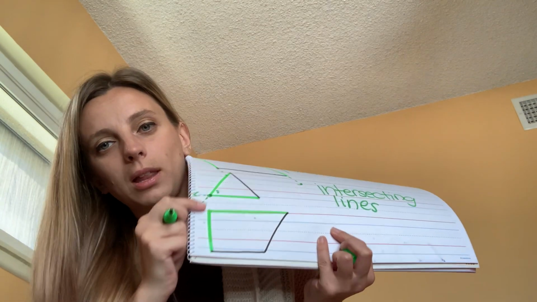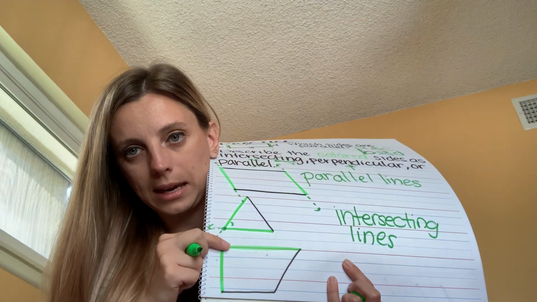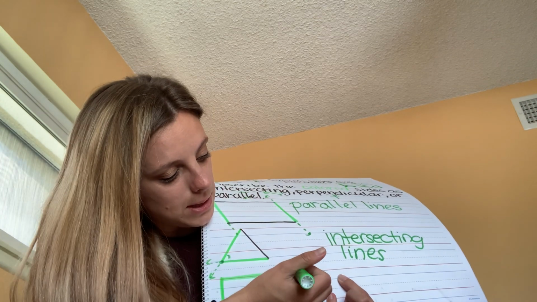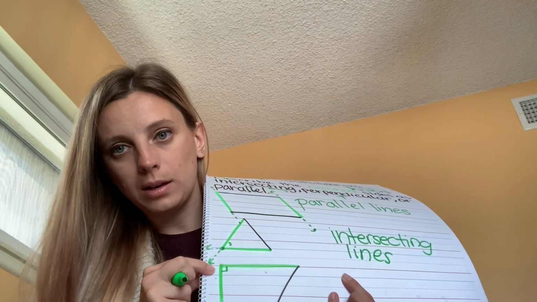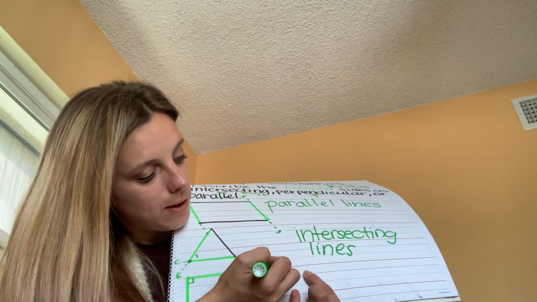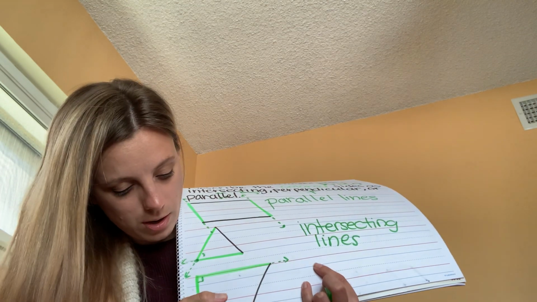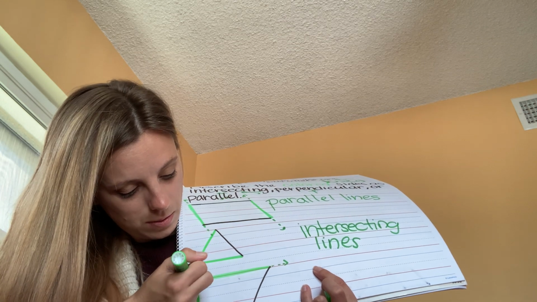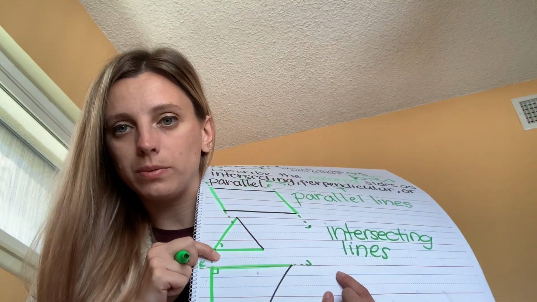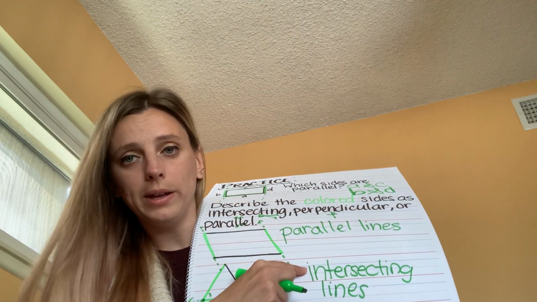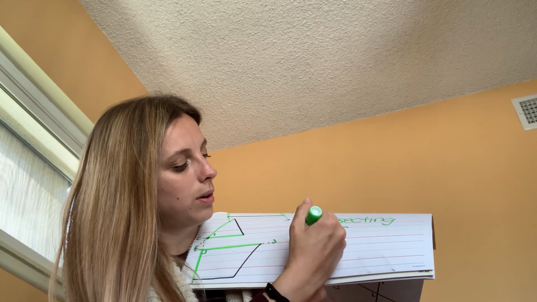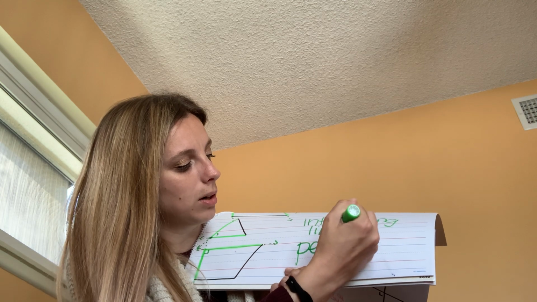All right, and last but not least, we're going to look at these two lines here. So you can see that these two lines meet at that nice square corner. Now remember, that corner is called a right angle, and if I kept these lines going forever, they would make some more nice right angles, right? So if it makes right angles, it isn't called intersecting, it's called perpendicular.